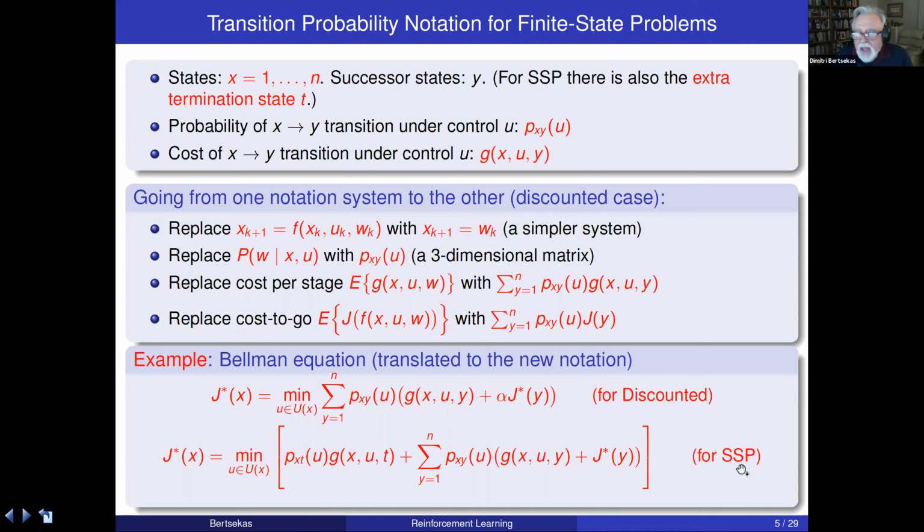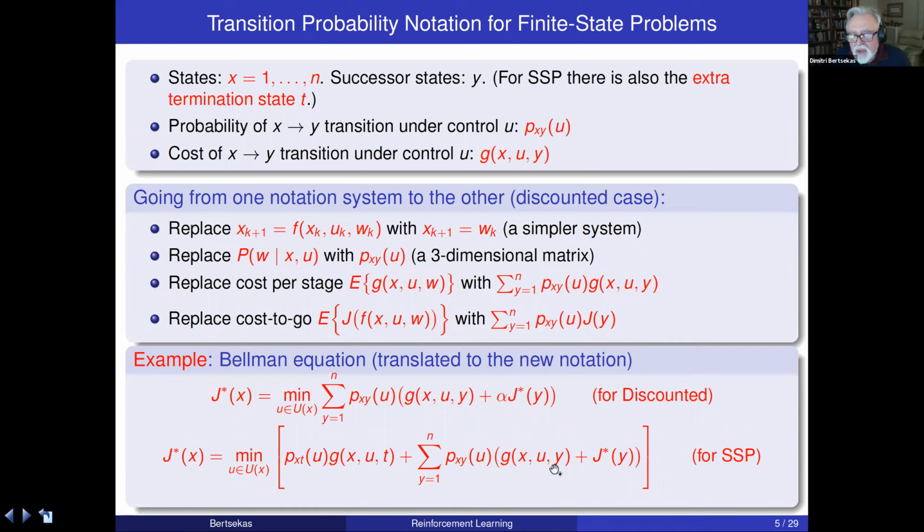And for stochastic shortest path problems, a similar equation, but we have to take into account the termination state. There is also part of the expected cost that deals with the termination state. So this is the conditional expected first stage cost, conditioned on the fact that we go to the termination state.